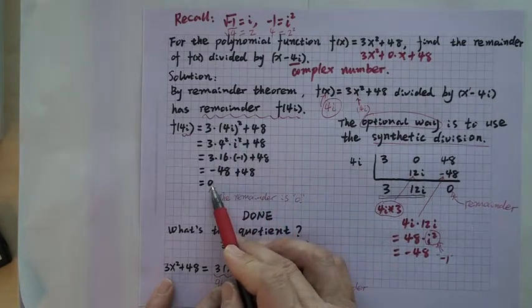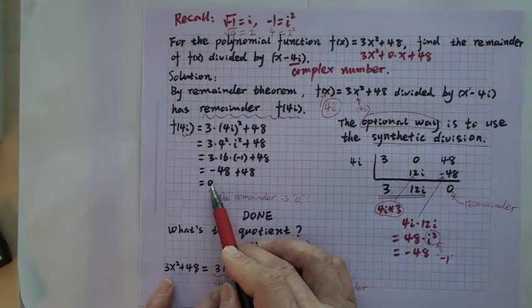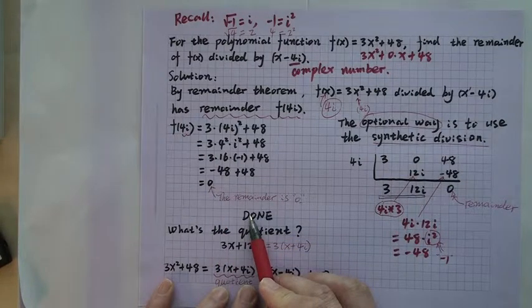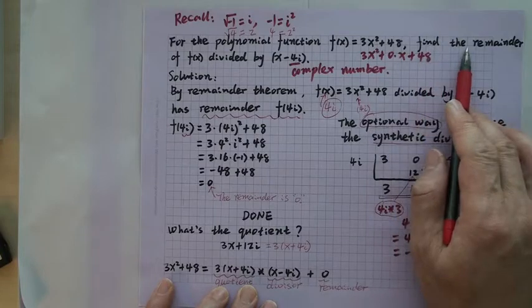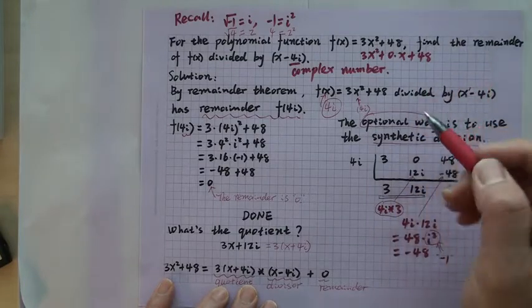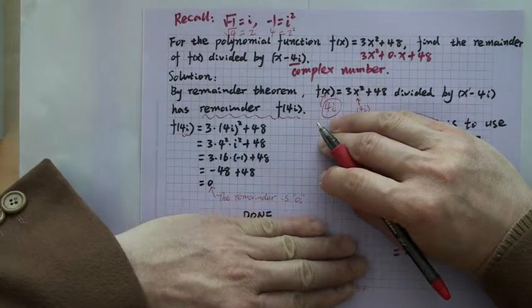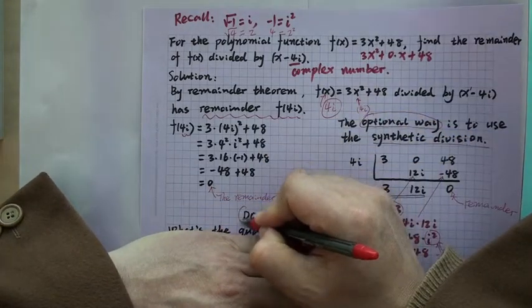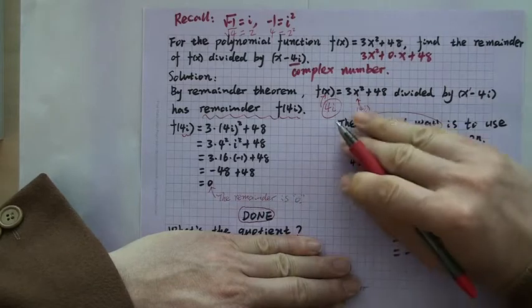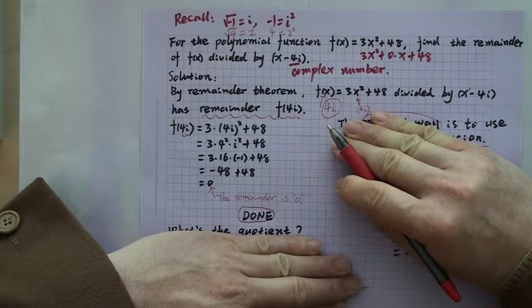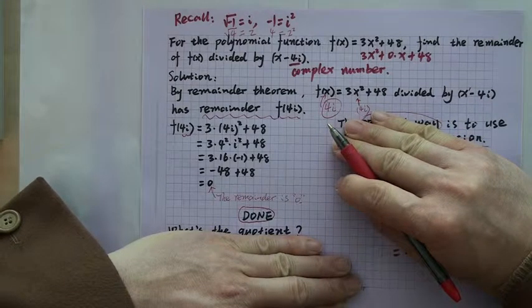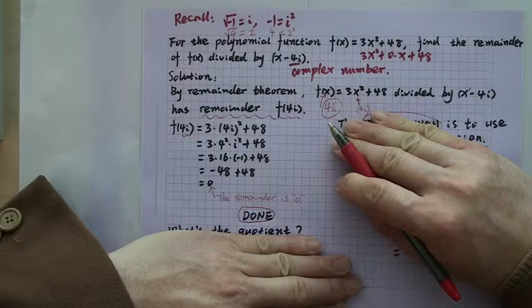Here it tells us that the remainder is 0. So basically, for this question, finding the remainder, you can just simply do it like this, and then you are done here. All right. Now, let's do something more.